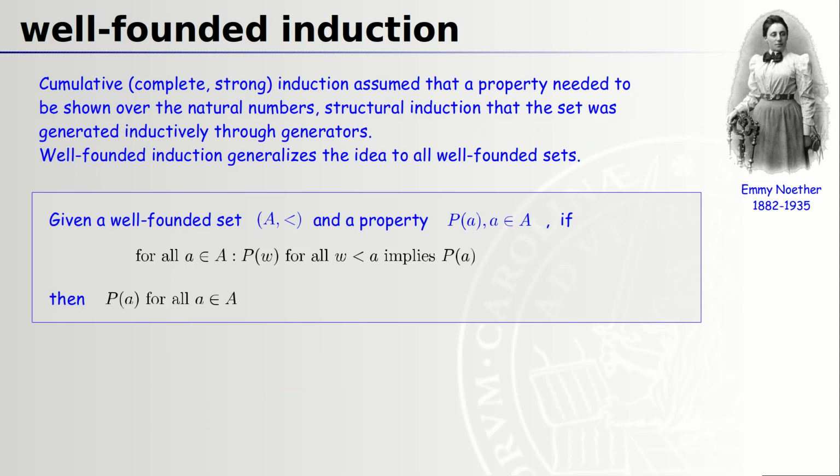The most general form of induction abstracts entirely from the nature of the elements and only assumes that the set we want to prove some proposition over is well founded by some suitable order. If we have a situation like this, a well-founded induction proof consists of a simple implication. If we can show that for any element of the well-founded set, it has the property if all smaller elements have it, then we have shown that all elements of the set have that property.